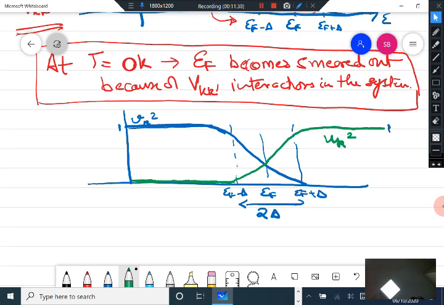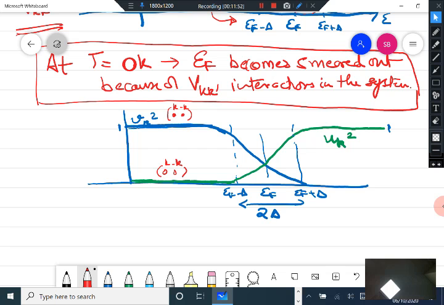This is the probability that the state k minus k is occupied, and this is the probability that the k minus k state is vacant.